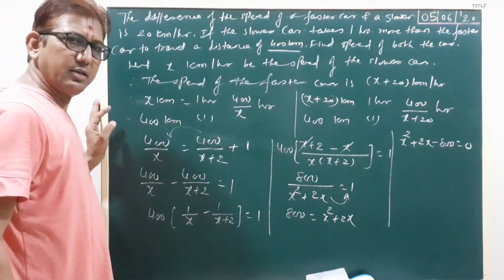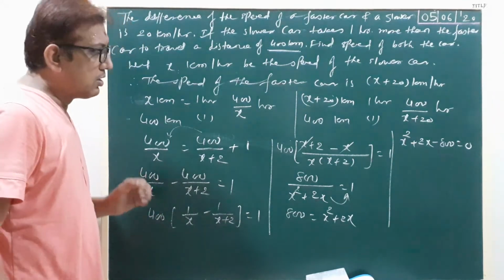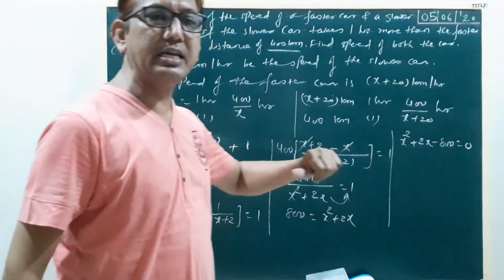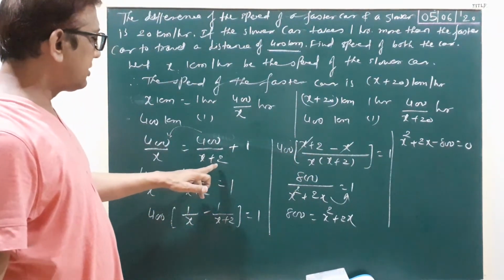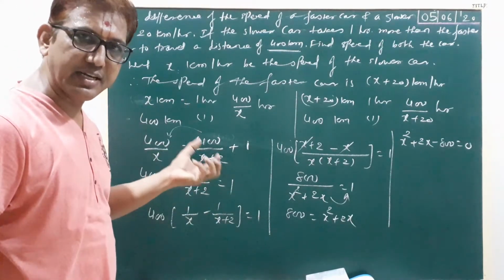We write right or wrong? Wrong. Here x plus 20 and we wrote x plus 2. So this is our silly mistake. Alright.